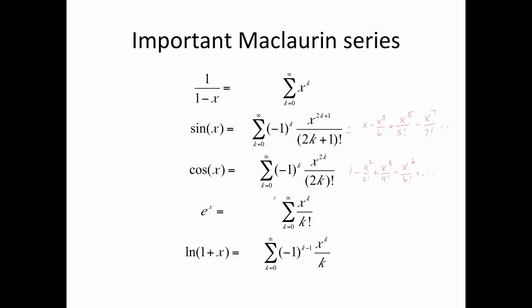E to the x we just found. Natural log of 1 plus x we had found before, in a different way, by taking the antiderivative of 1 over 1 plus x, but you can check for yourself that these coefficients would be what I get by plugging in the appropriate values.